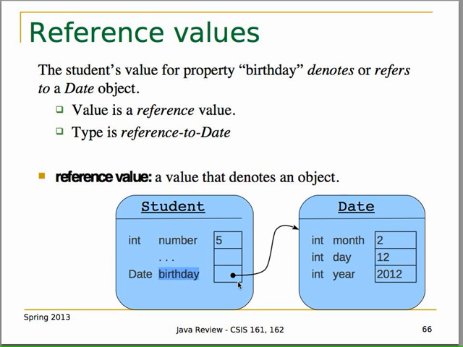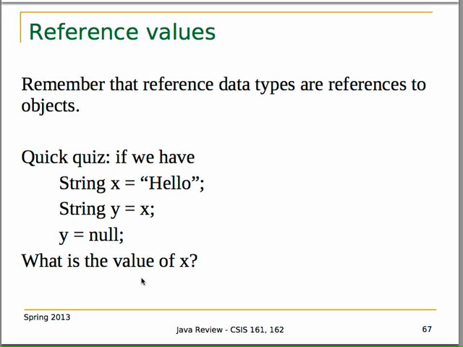This is a technical term used in programming languages. We can say pointer or reference that shows you where this object is in memory. Okay, so the student's value for property birthday denotes or refers to a date object, which is technically outside the student object, even though date can be a data member of the student class.